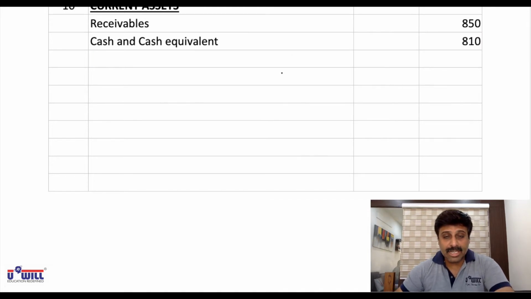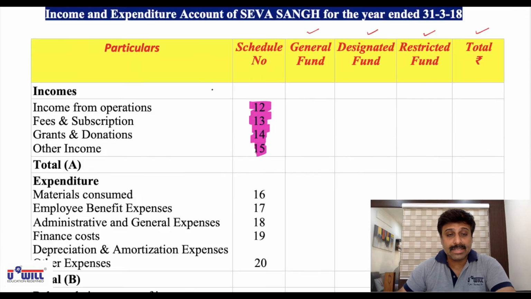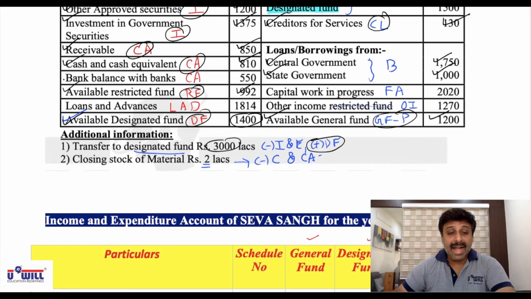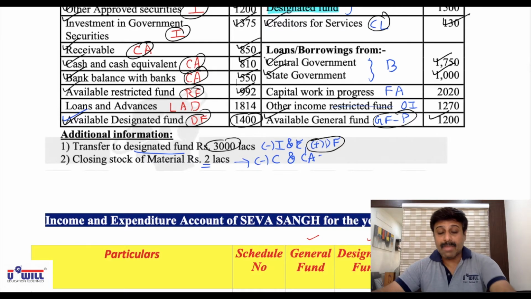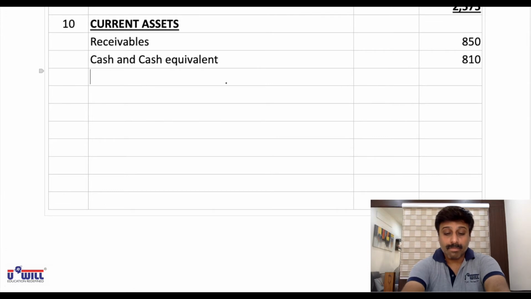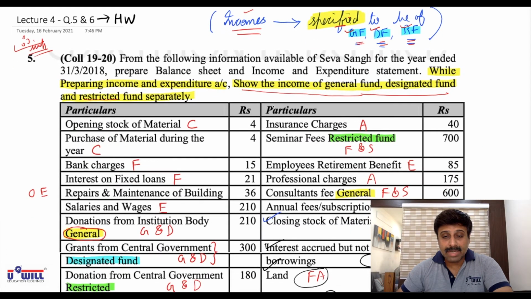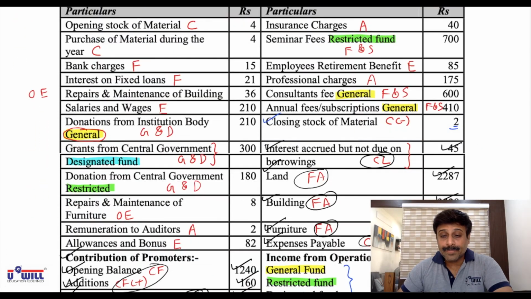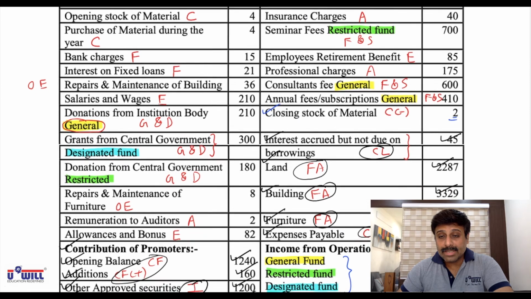Now after cash and cash equivalent, what other current asset is there? Bank balance with banks 550. Okay, bank balance with banks 550. Then after bank balance, what else is marked as current assets? On the right side, we have nothing.